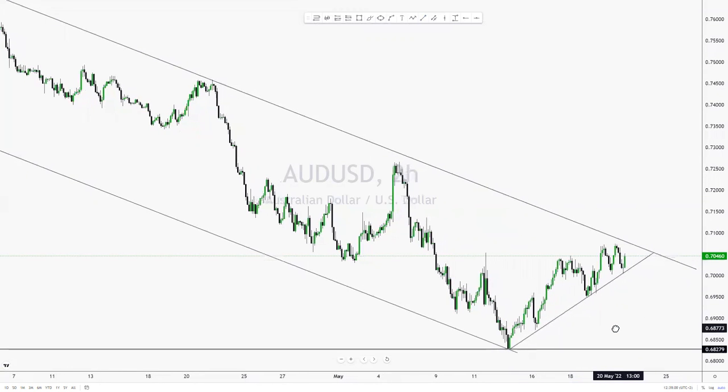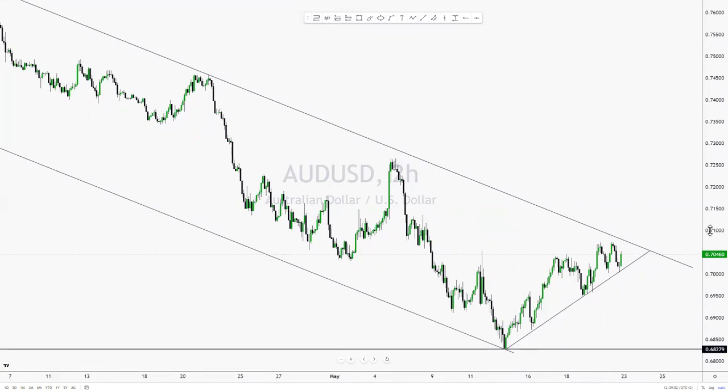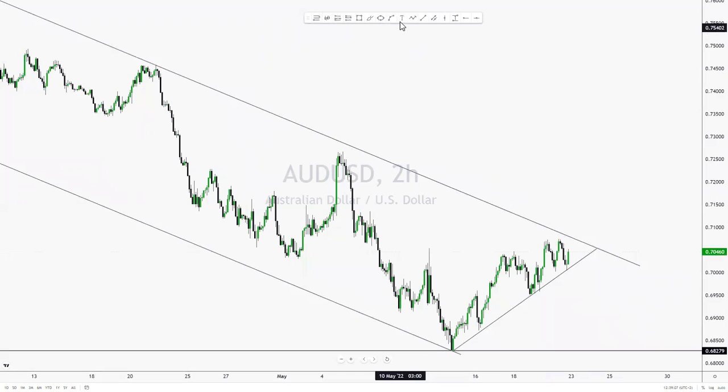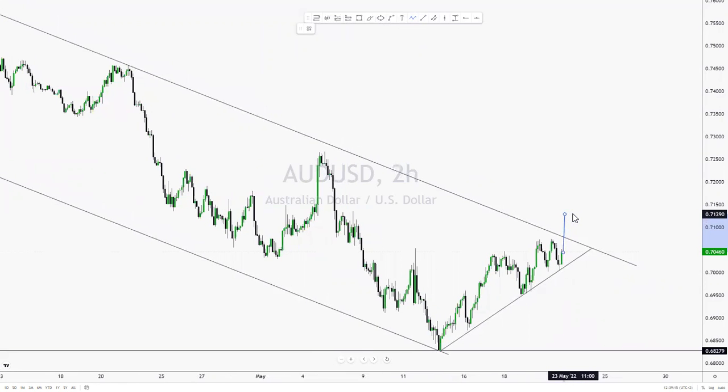So here I can ask you guys to wait for two things. Allow your minds to be flexible. If price is coming above like this, then we should wait for price to retest this level before going high.